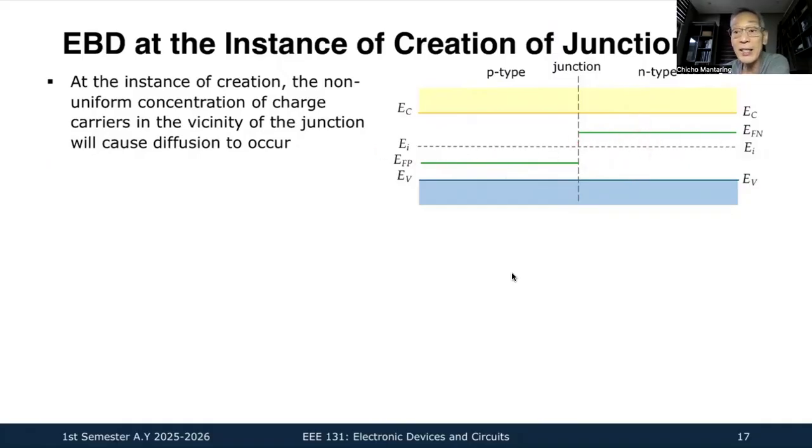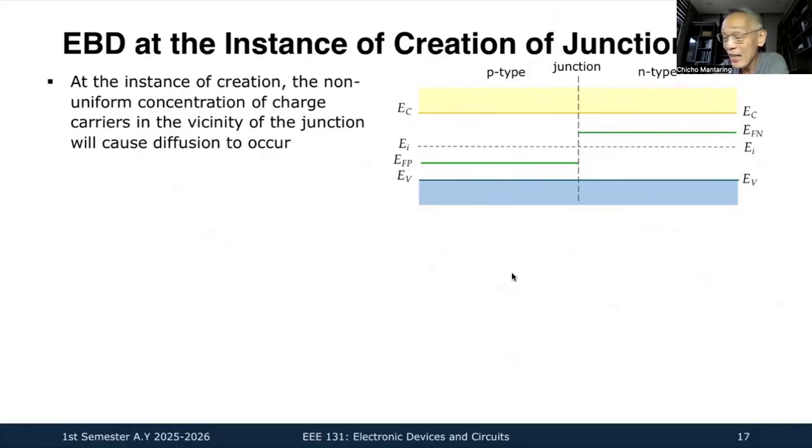So this is at the instant of creation of your junction. Now, what will happen? You have predominantly holes here. You have predominantly electrons there. So you have a non-uniform distribution of carriers.